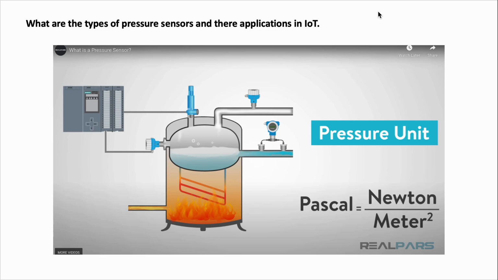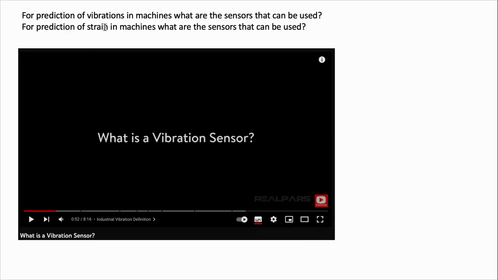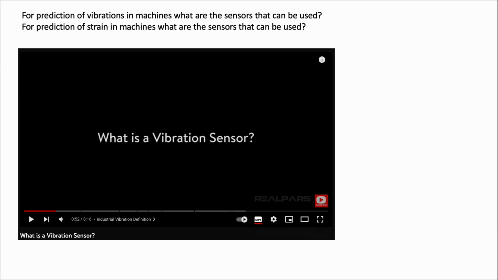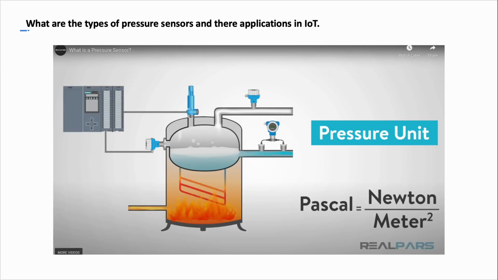On top of it, we are talking here about pressure, vibration and strain. I'm not going to tell you the names of the sensors being used, so it is up to you to go through the content and understand. To detect these properties, the vibration, strain on a material, or pressure, and how these sensors are applied, there are special ways of applying.